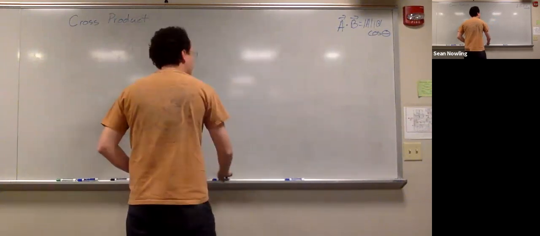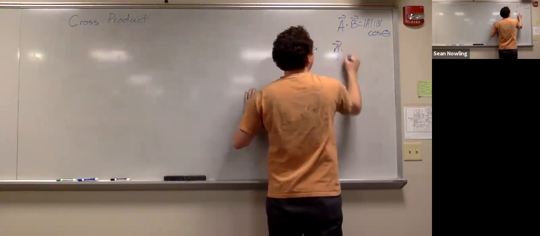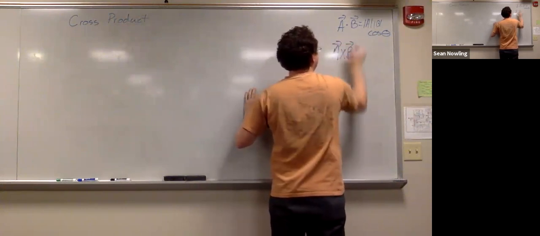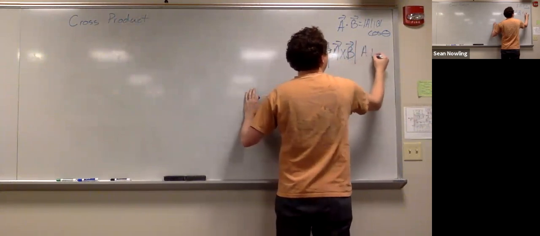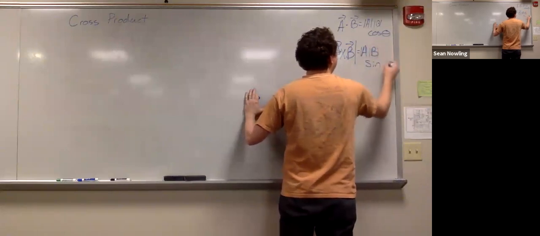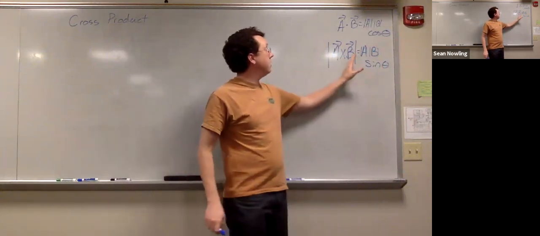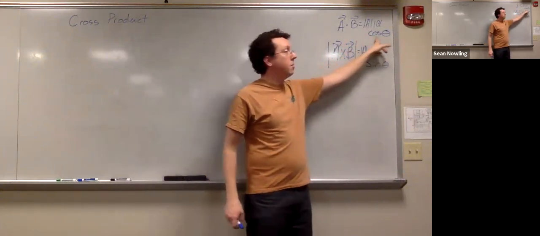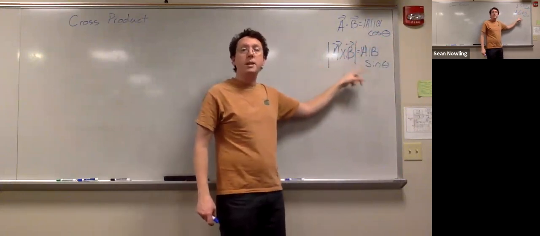Okay, I'm going to write this out over here. A cross B has a magnitude of A B sine of theta. Oh, I wanted to say, remember what I said about the dot product knowing about parallel information and the cross product knowing about perpendicular information.